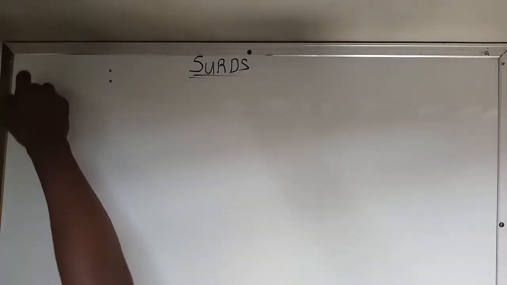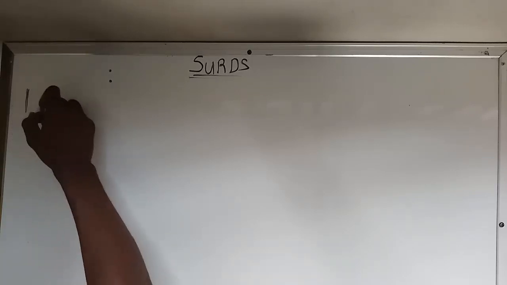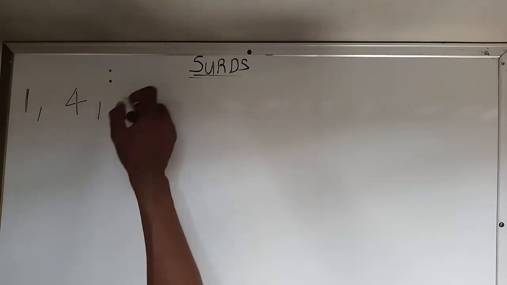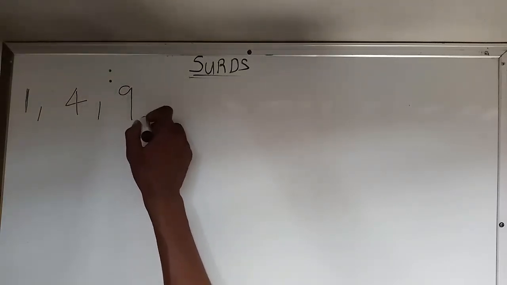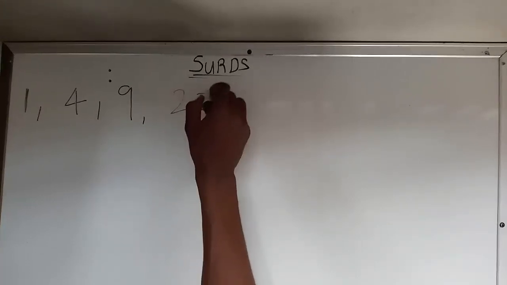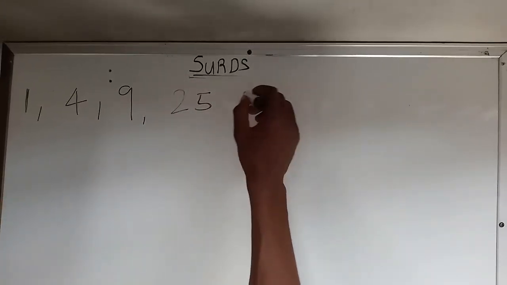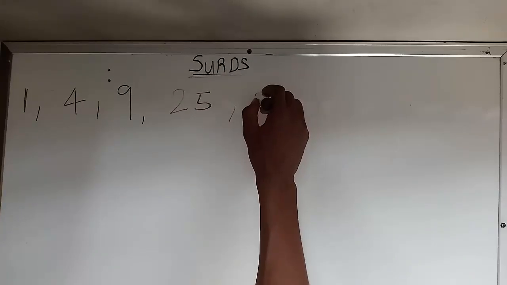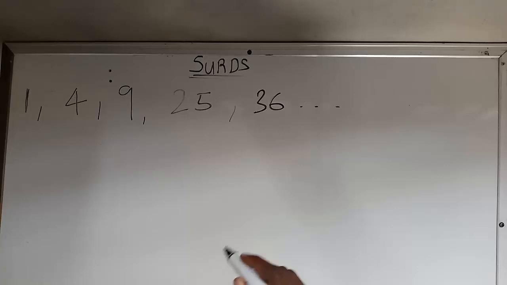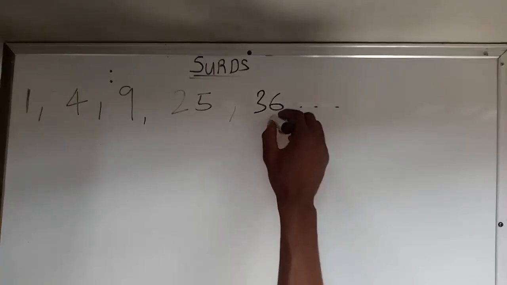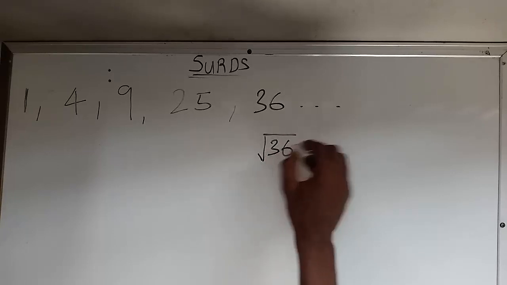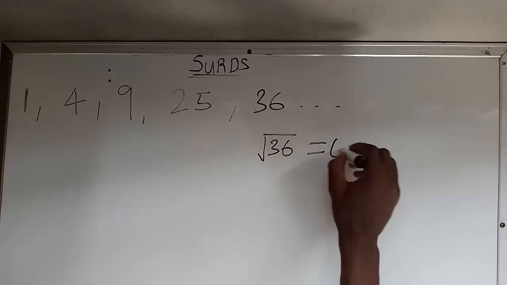We have the perfect squares: 1, 4, 9, 25, 36, and so on and so forth. Now, if you take the square root of this number, you get 6.